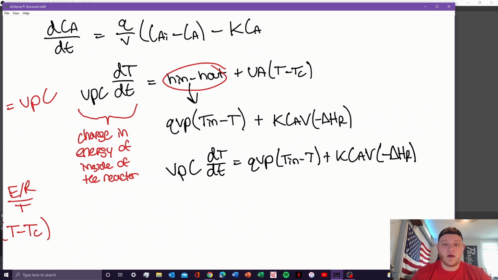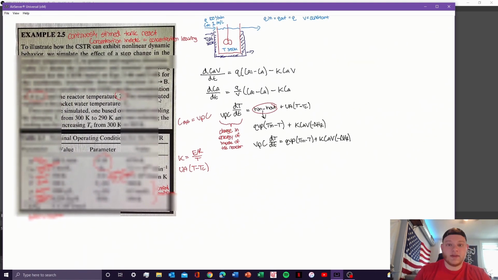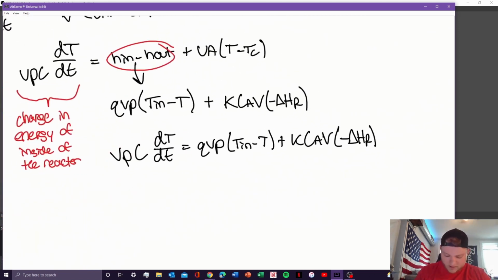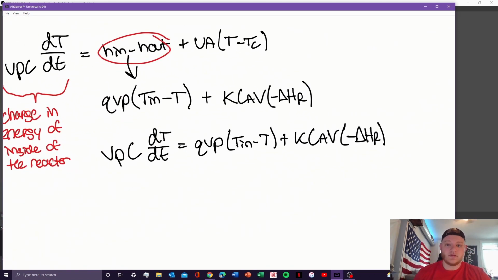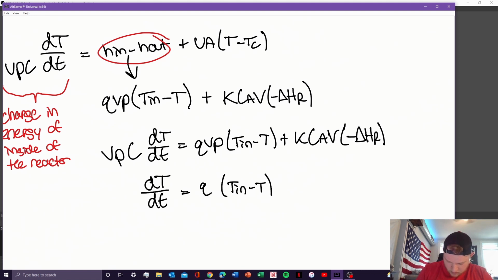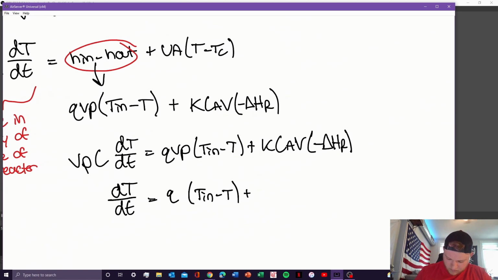Okay, so now we can divide by V rho C, or the volume, density, and the heat capacity constant. I don't know why I can't remember that. To the other side, so we can get the rate of change of temperature with respect to time by itself. So let's see that. It's gonna net us Q and minus temperature plus, oh, I almost forgot something up here.